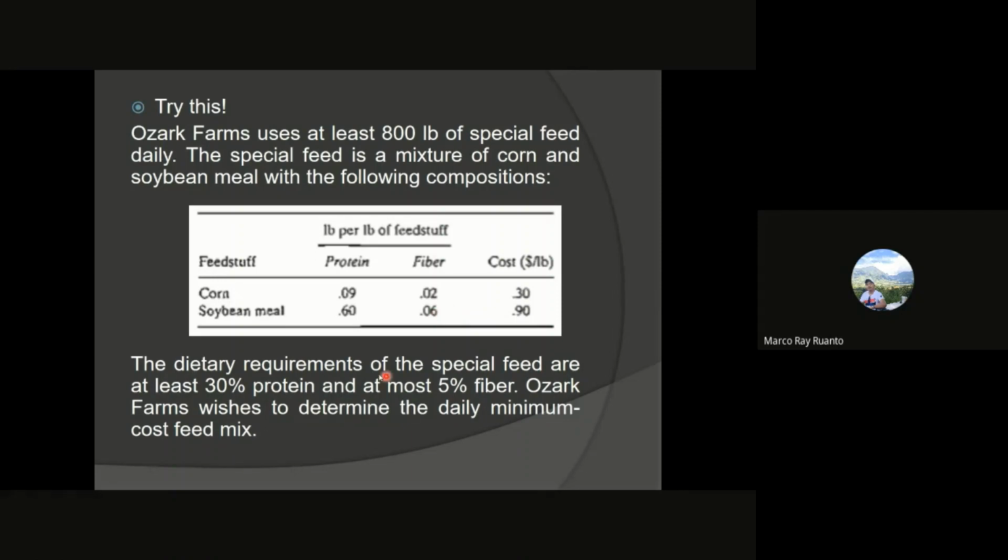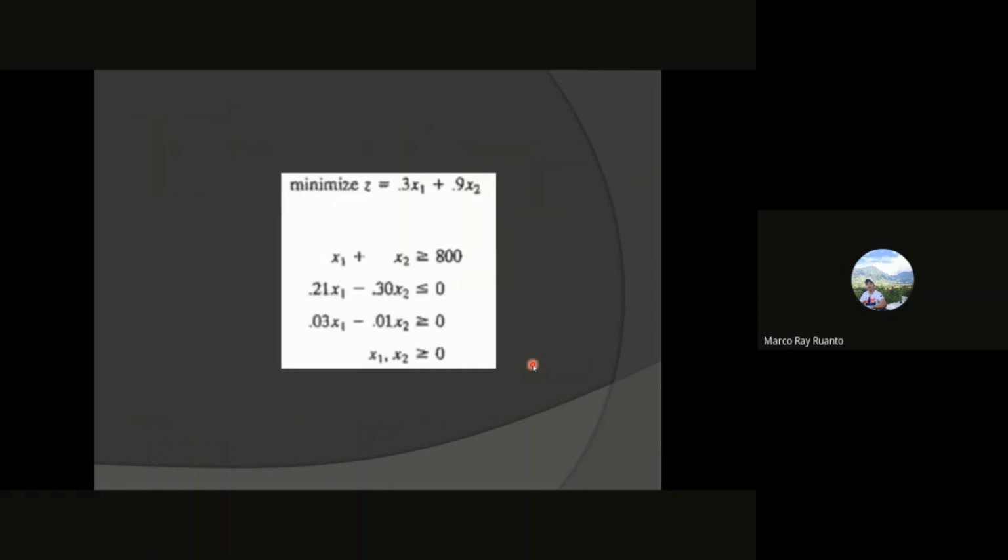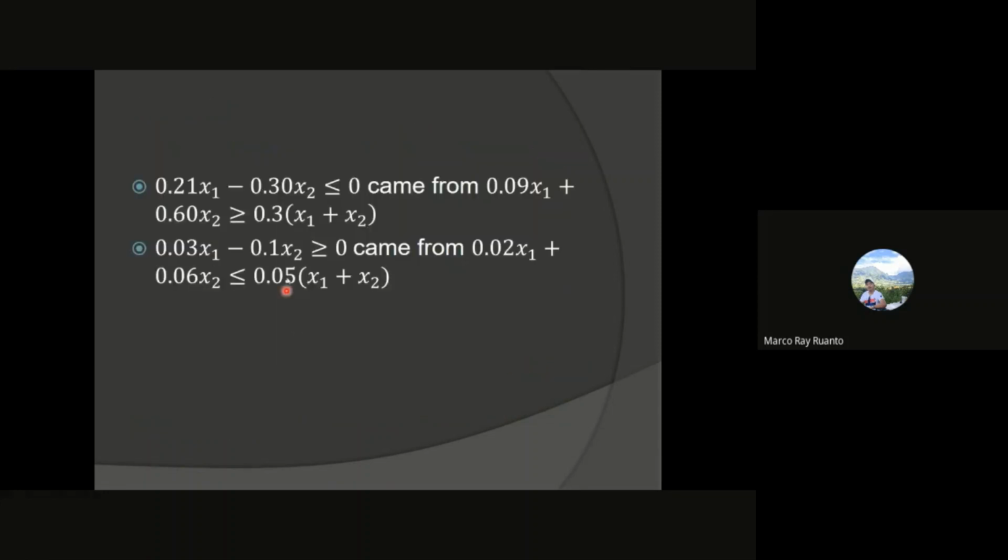Because it says here the dietary requirements for the special feed are at least 30% protein and at most 5% fiber. This is the statement.